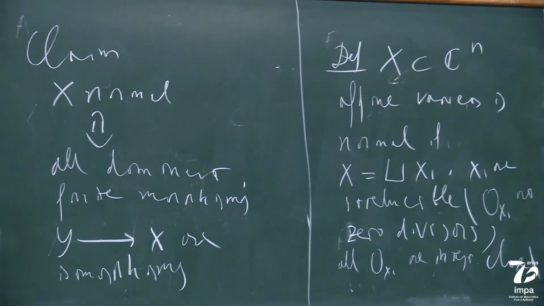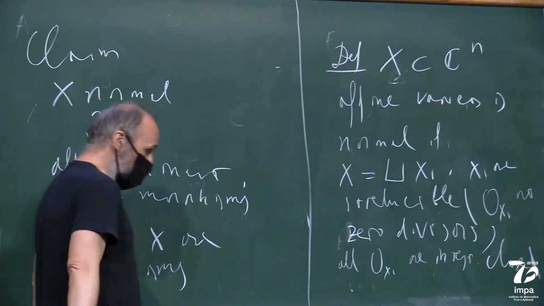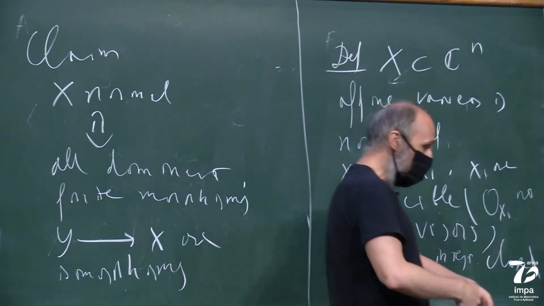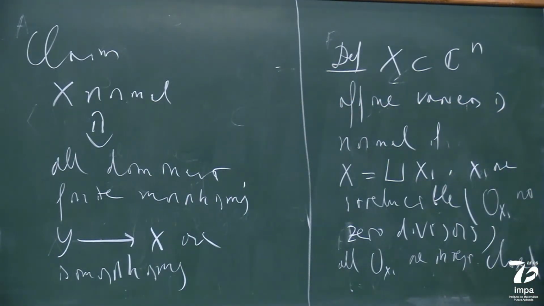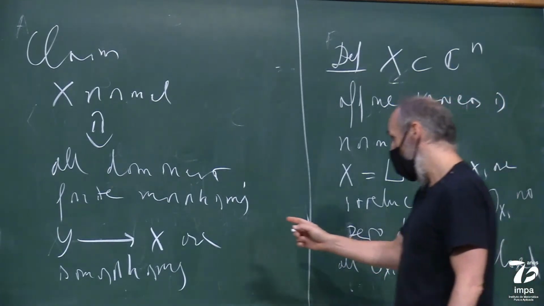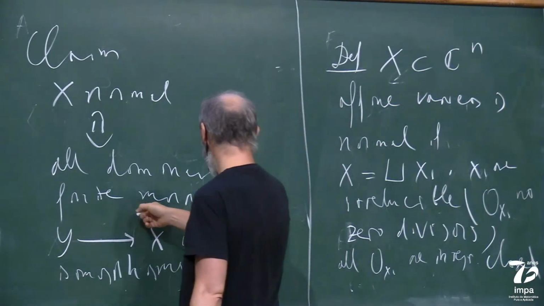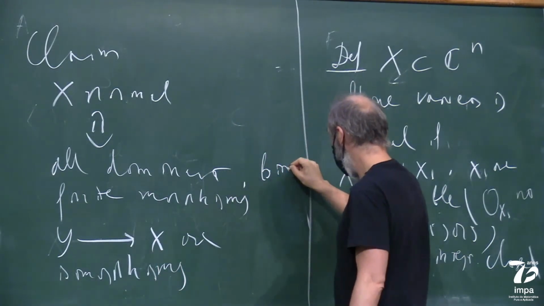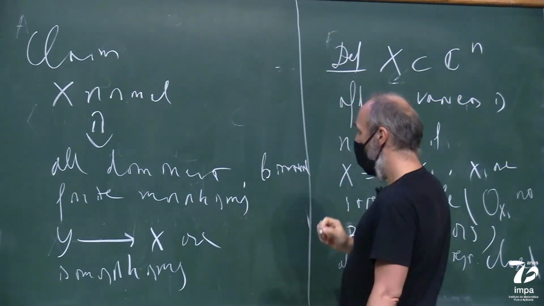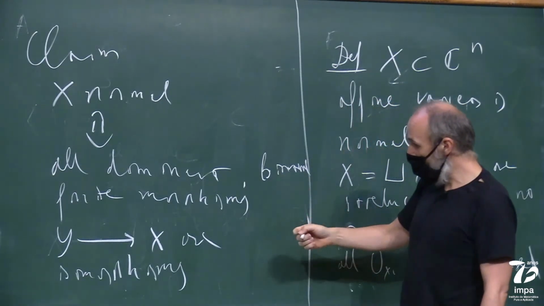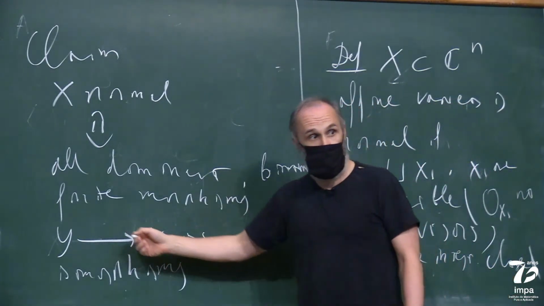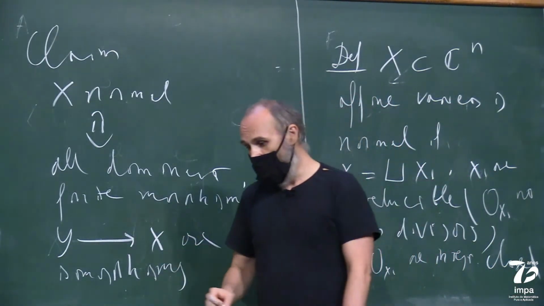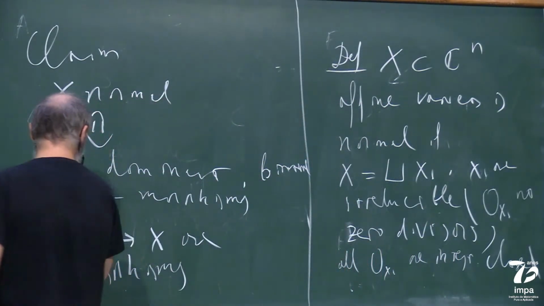And finite means that on each irreducible component, the corresponding morphism is finite and birational. Birational means that their fraction fields on each irreducible component are the same.